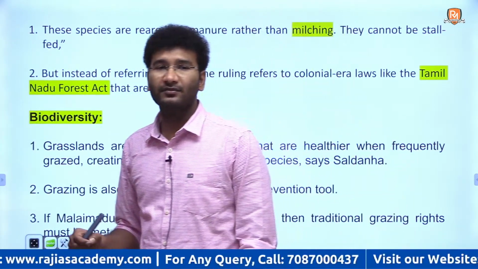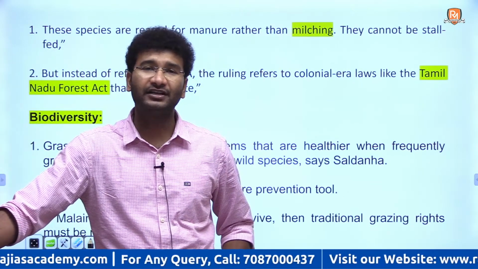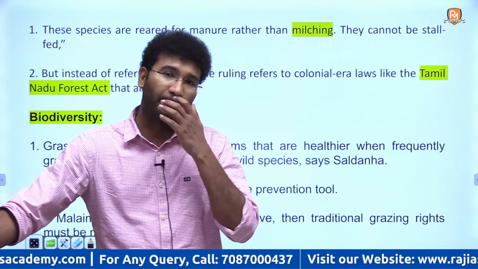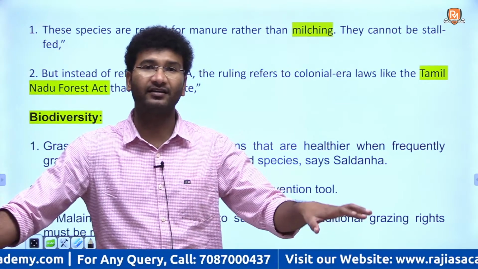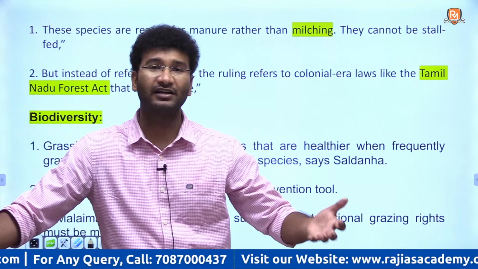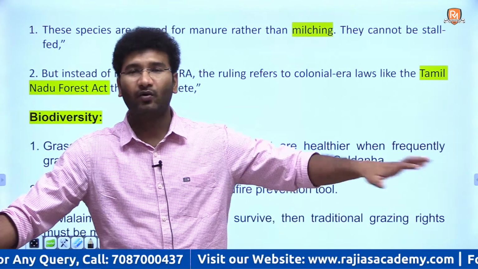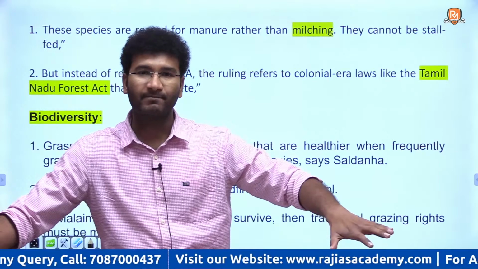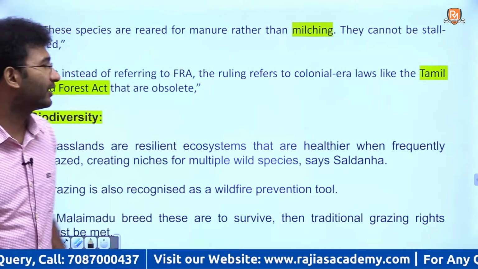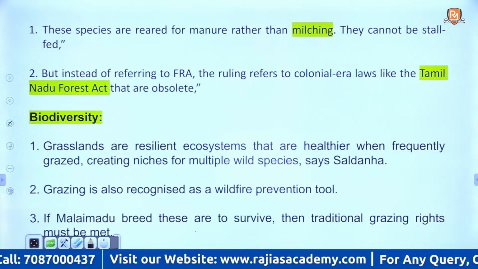Apart from that, if you look into the biodiversity angle of this species, see, biodiversity is generally more in the grassland area. If cattle are sent into a grassland area, that means the cattle are helping the regeneration of that particular area, and it is also helping in not spreading the grasses over a larger area, right. This is what has been said by the amicus curiae, right.